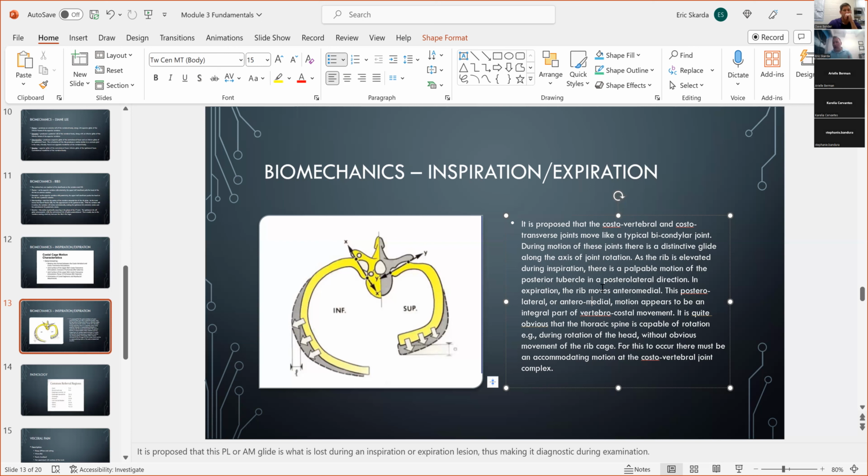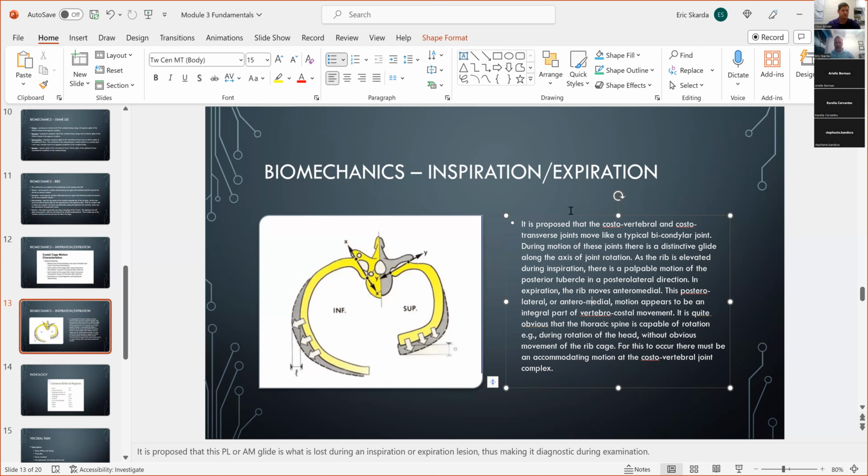So that's going to require more passive mobilization as opposed to a manipulation. But if we run into that pathomechanical end feel, now we're free to do a type of manipulation. So those passive mobility tests are essential for us to determine what type of treatment we're going to do. But that's essentially the thought process that I use here, right?